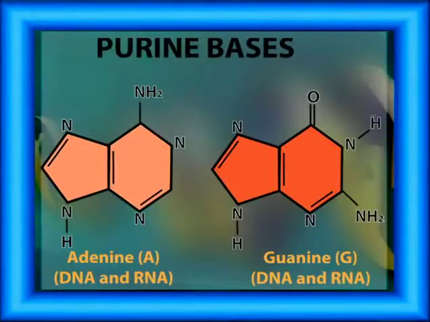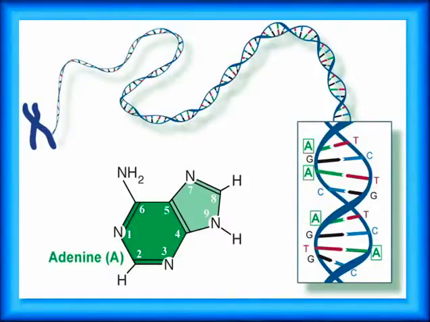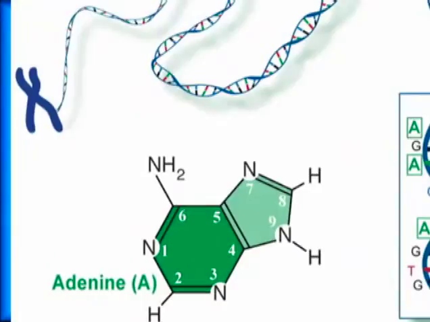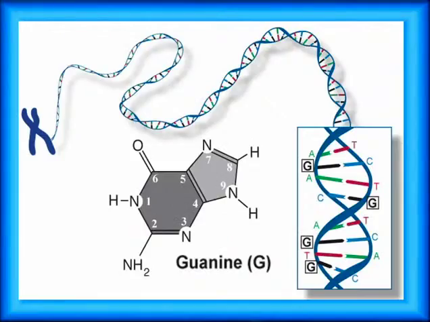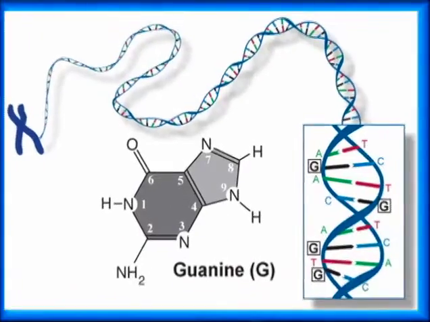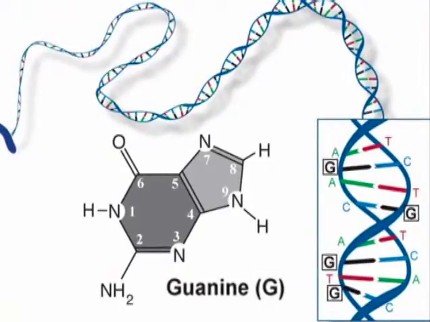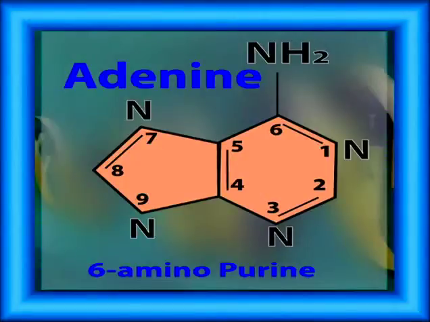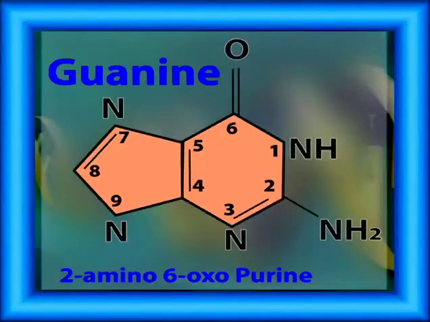The 2 major purine bases present in DNA are adenine and guanine. In adenine, an amino group is present at position 6, while in guanine, an amino group is attached to the 2nd carbon and a keto group is found at position 6. Therefore, adenine is 6-aminopurine and guanine is 2-amino-6-oxopurine.